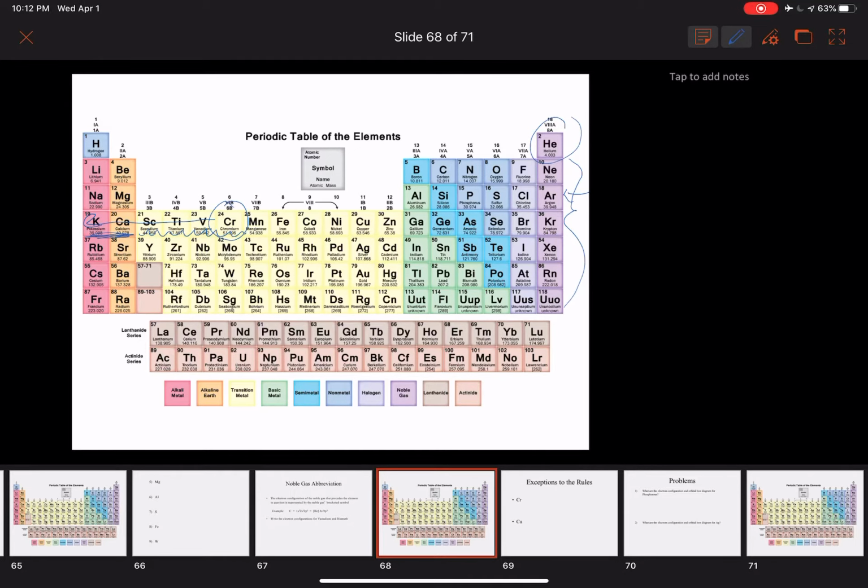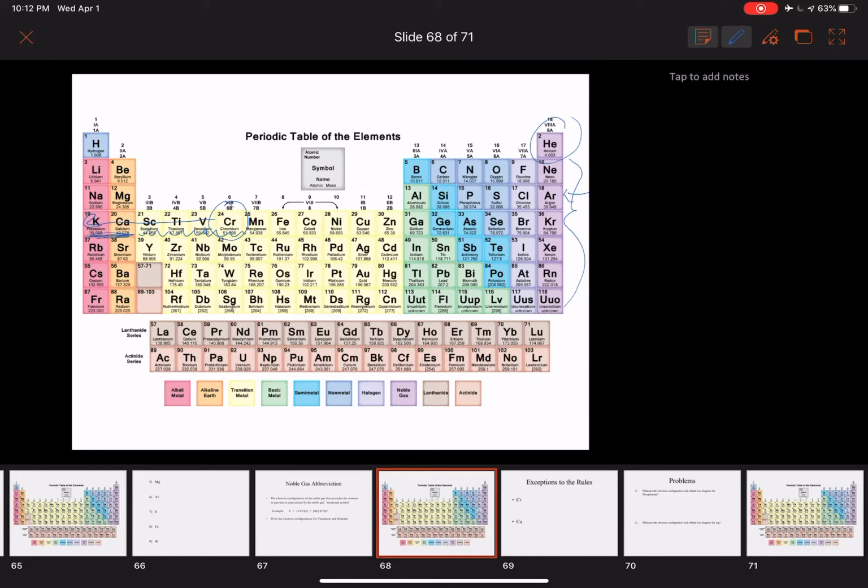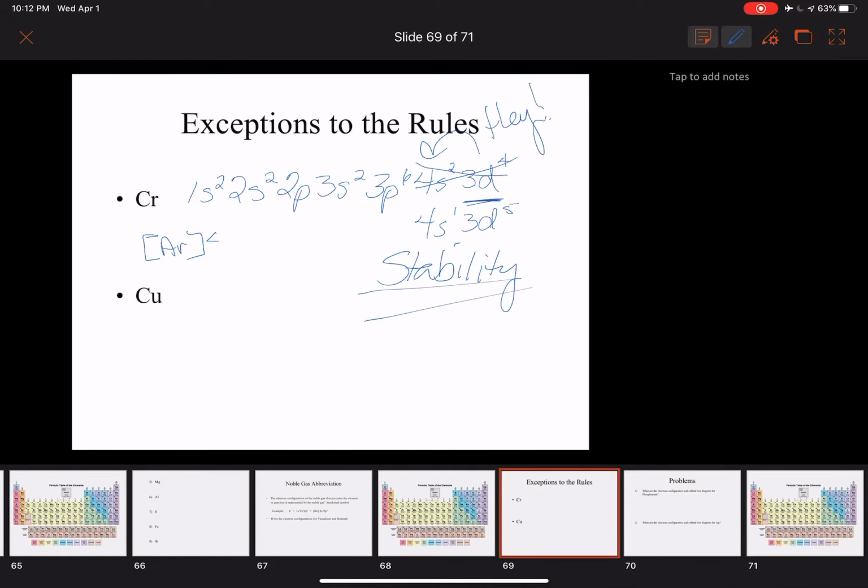So we would write argon in brackets, because we want to say we've got the electron configuration for argon plus a little bit more. So we write argon in brackets, and then we would write 4s1, 3d5. So you can write the whole thing out, or you can write the noble gas abbreviation.